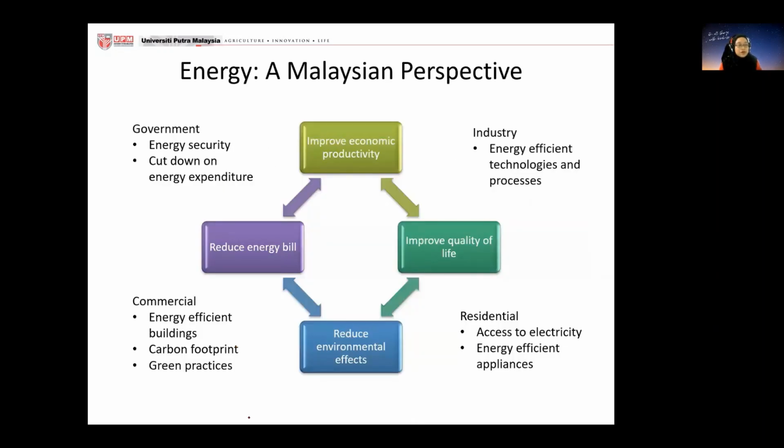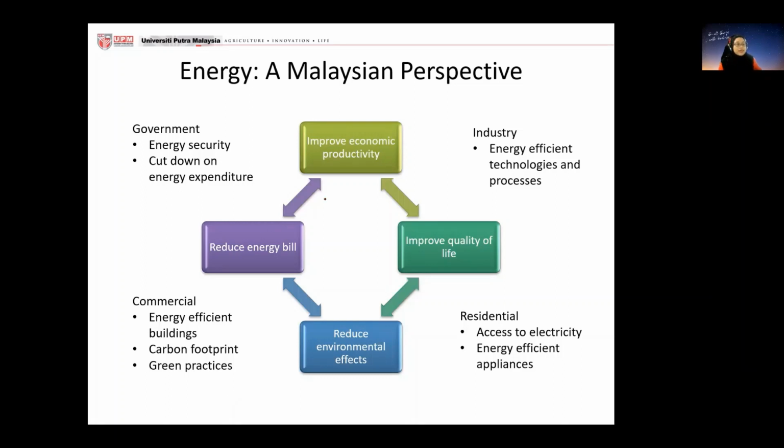Before we finish, just one last slide on the energy accumulation perspective. If we talk about energy in terms of producers and for us as customers, there are various stakeholders: the industry, people like us, the residents, people in the commercial sectors, and the government.